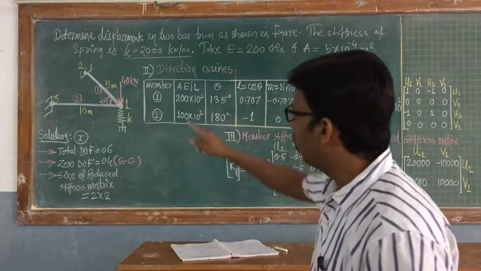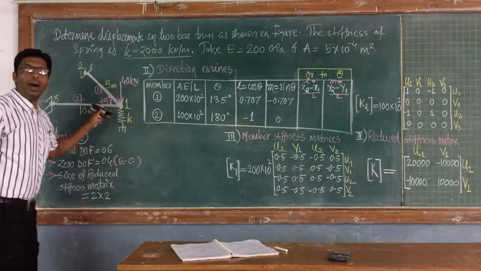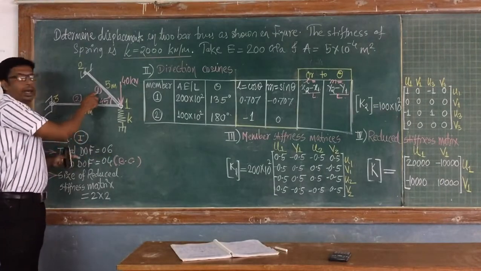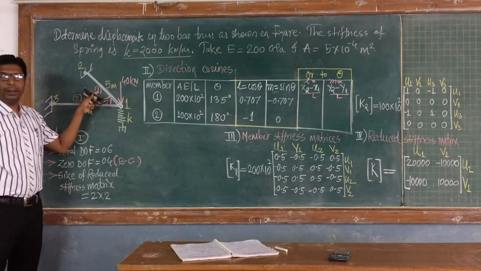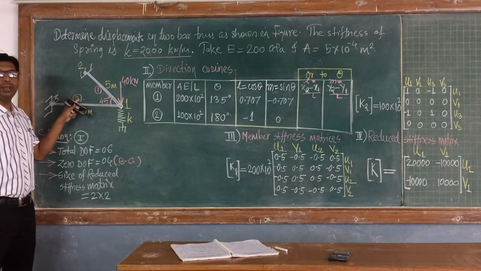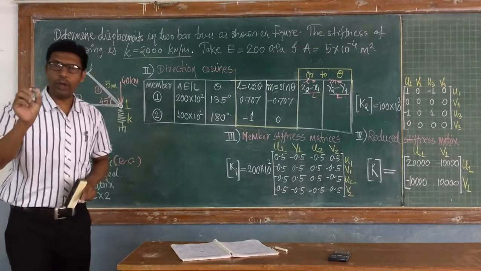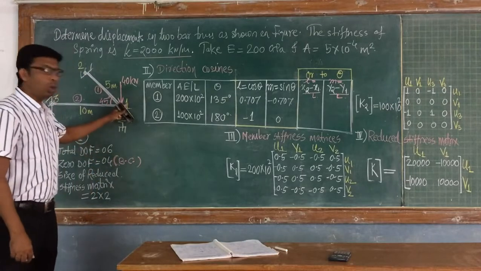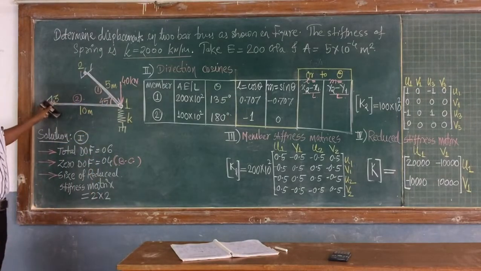Okay? So this is the figure given to you. 2-bar truss. The member numbers are given to you in the figure. This is member number 1 and this is member number 2. Node numbers are also given to you. Node number 1, node number 2, node number 3.